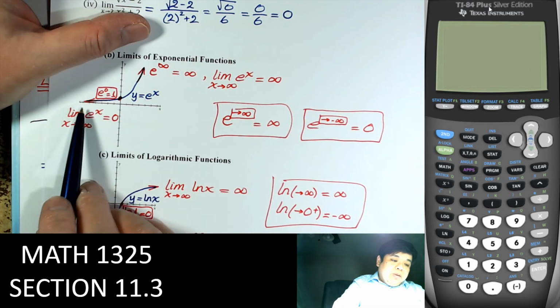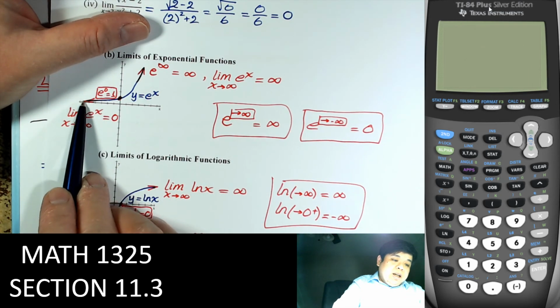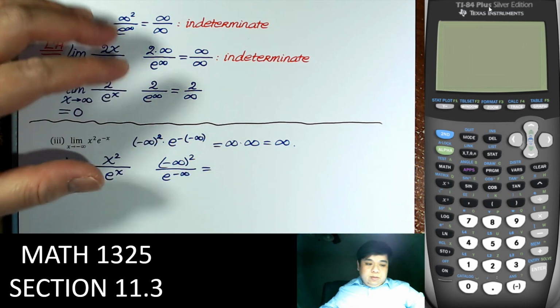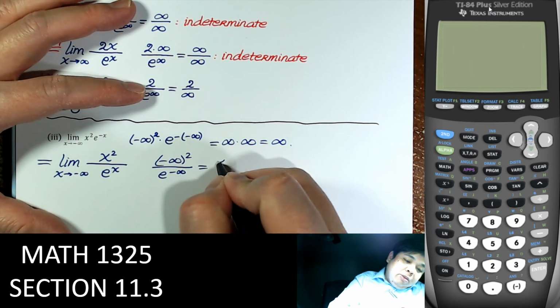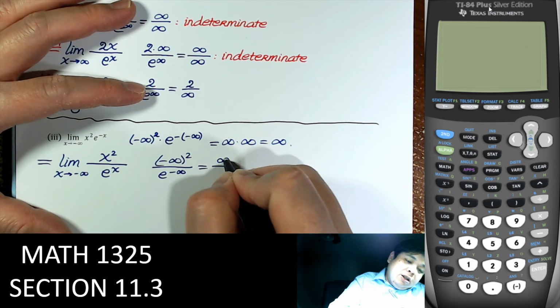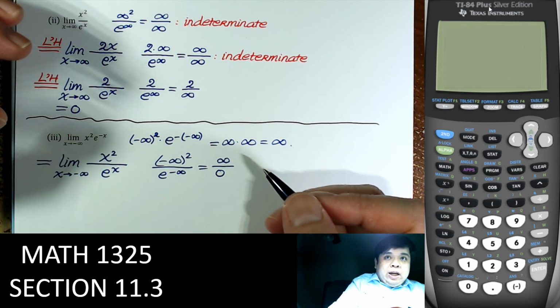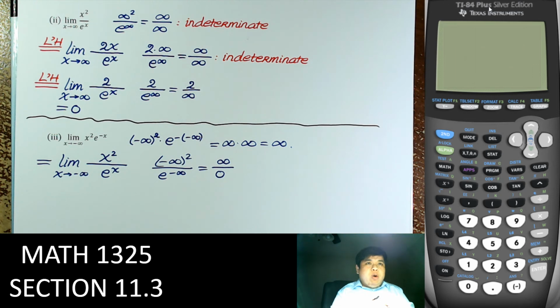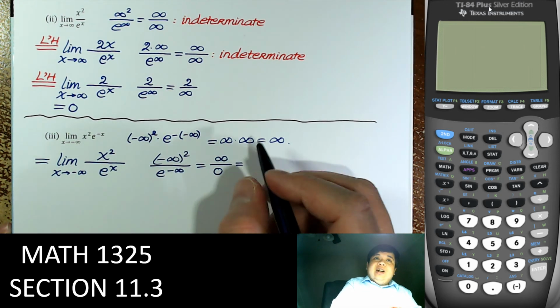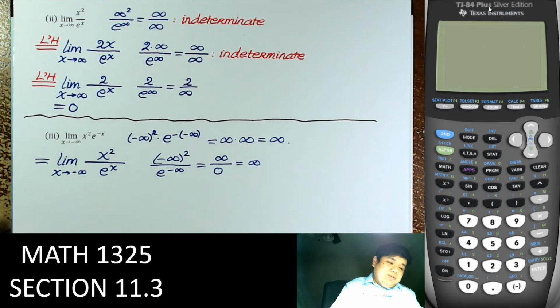E to negative infinity is going to be 0. So we have infinity on the top, 0 at the bottom. Well, this is not an indeterminate form. We have a very big number divided by a very small one. So that's going to be infinity, of course.